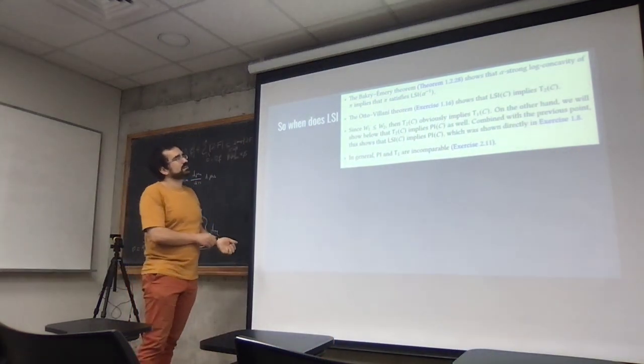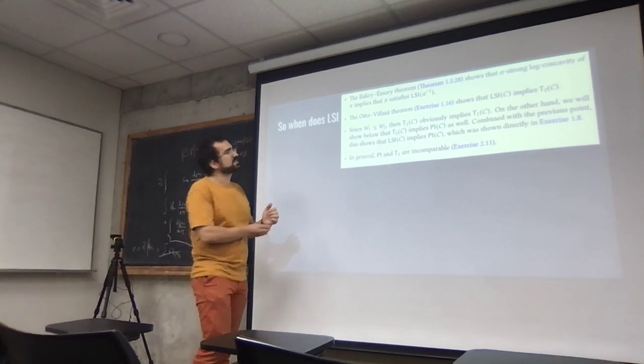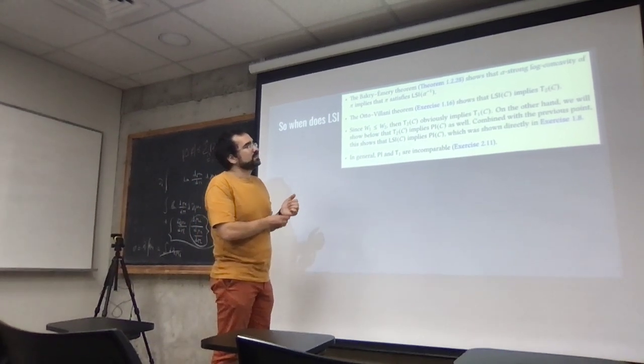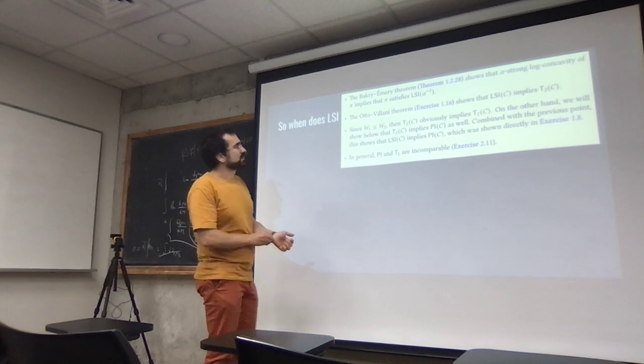T is for Talagrand, and the number depends on the type of Wasserstein distance that one considers, so W2 or W1.